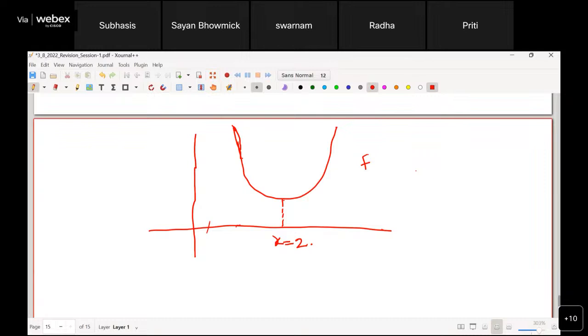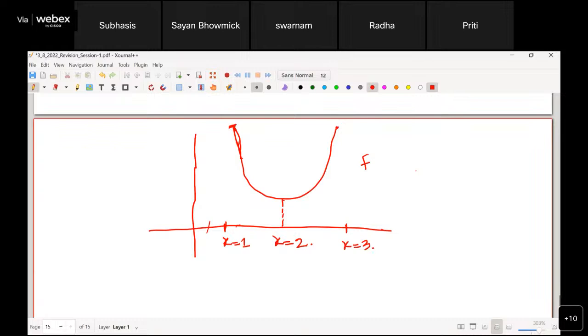What I was trying to say is, at the end point, let's say we have bounded the parabola, and on the right side, the right end point where you have ended the parabola, you are taking only some part of the parabola. Let's say this is a point, x equal to 1, and this is x equal to 3.